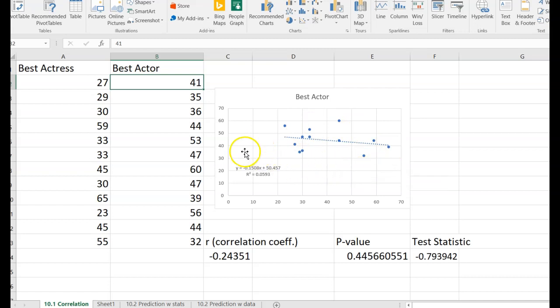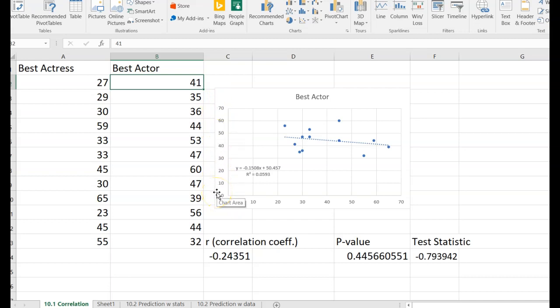So correlation, what we call the correlation coefficient, tries to quantify that relationship, tries to quantify how well the change in the value of one variable tends to explain how the other one is going to change.